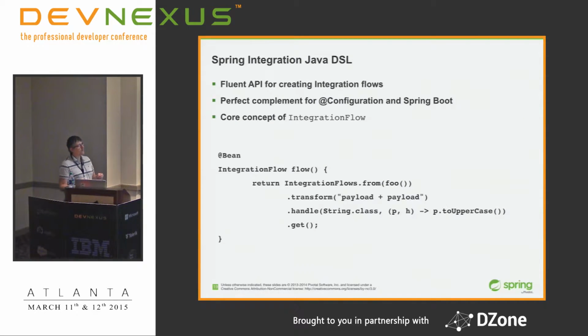If I want to describe the same use case as before, I have this flow that says: starting from channel foo, listen to channel foo, then create a transformer with this SpEL expression, and handle the payload with this lambda. How many of you are using Java 8 already, or have tried using it?